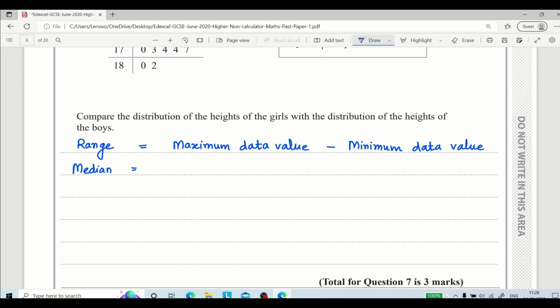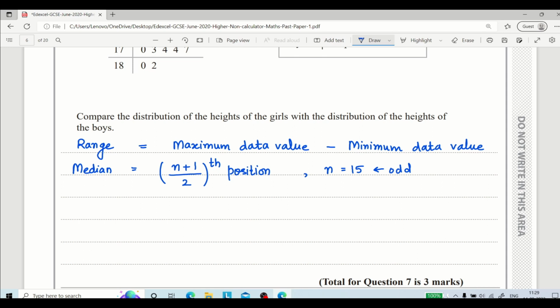Always remember that. The very first step is you'll have to arrange the data given to you in ascending order, from smallest to largest, and then you'll have to find out which number lies at the (n plus 1) over 2 position. Why have we chosen this one? Because your value of n is 15, that is an odd number.